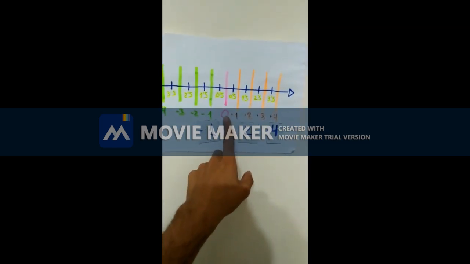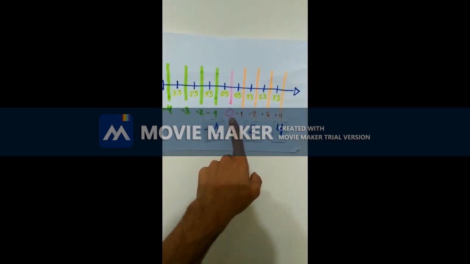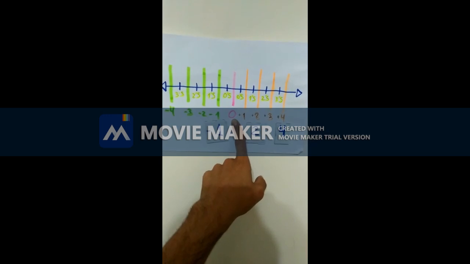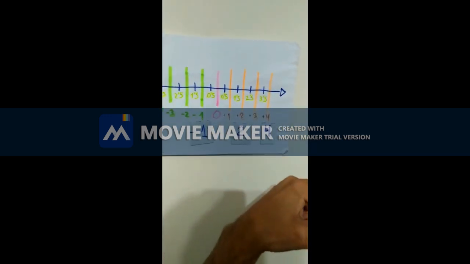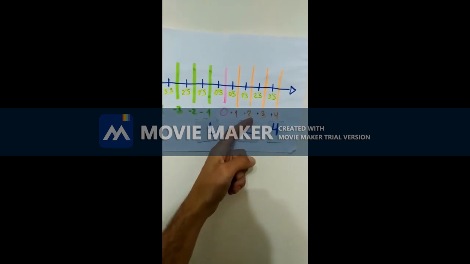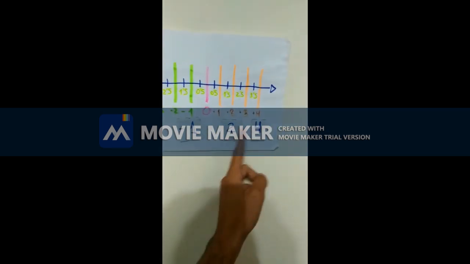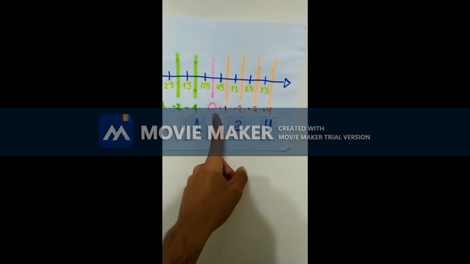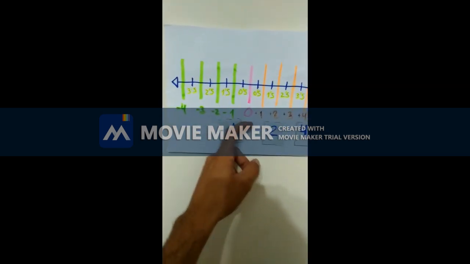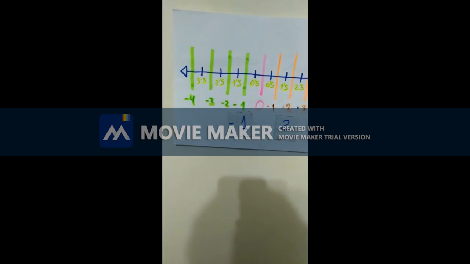So basically, now we have the 0 point, and every single number going to the right is going to be a positive number. We can see here, remember, 2 and 4. All right, so going to the left, it's going to be a negative number.